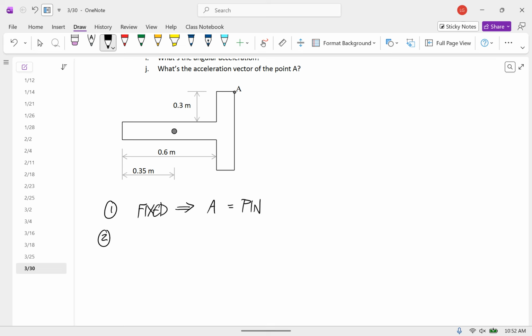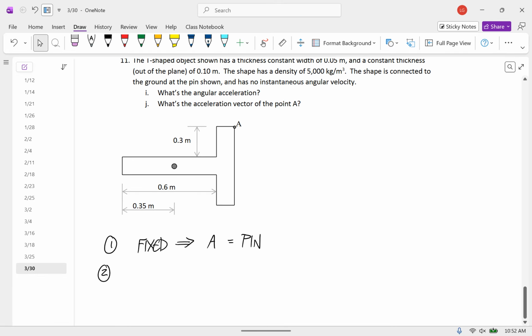I have a question about the number one. So is A a fixed point that the whole structure is fixed to? Yeah, so a fixed point is a place on the body that doesn't move in time compared to your inertial coordinate system. So pins and hinges count that way, because the material point on the body at that location is rotating around the pin, but it's not going anywhere.